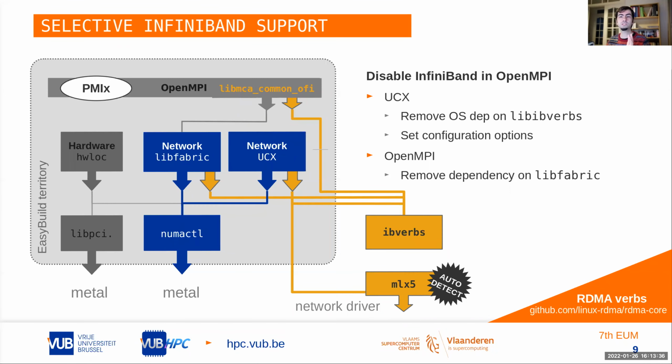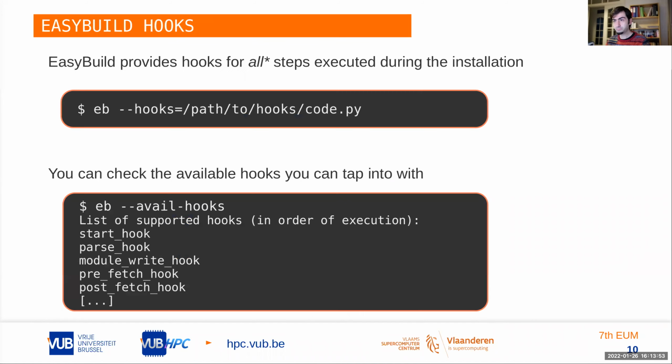So how can we do this programmatically and without intervention? Because we do not want to waste time going node group by node group and making modifications by hand. So for that, EasyBuild provides hooks.